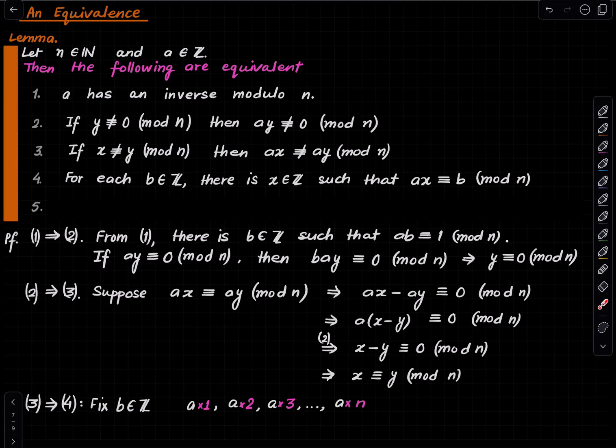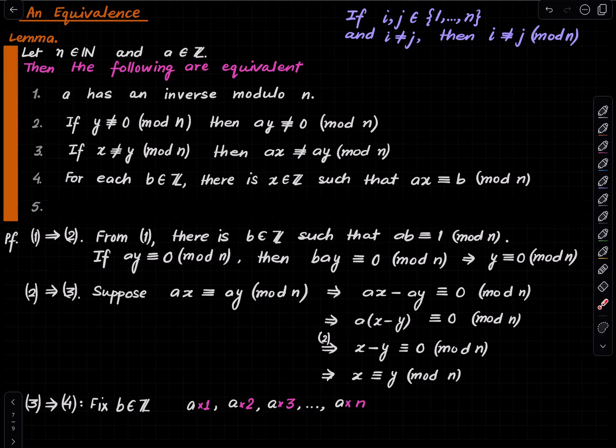So I'm making a very simple statement. I'm saying that if i and j belong to this set and i not equal to j, then i is not congruent to j modulo n. It's a very simple statement. Think about it.